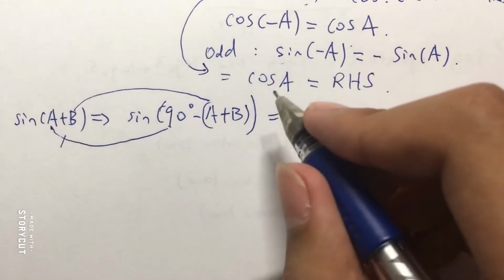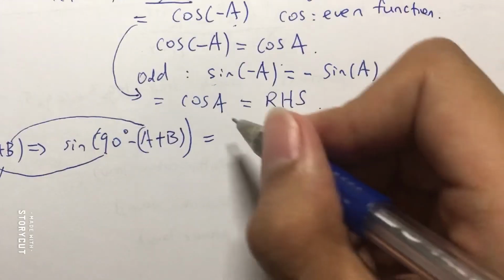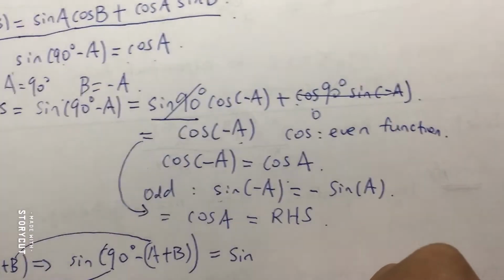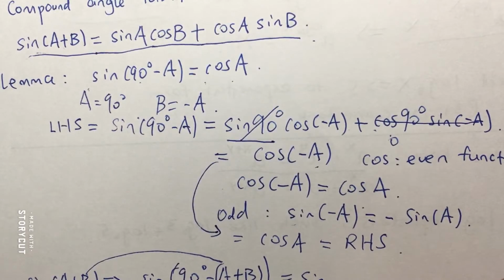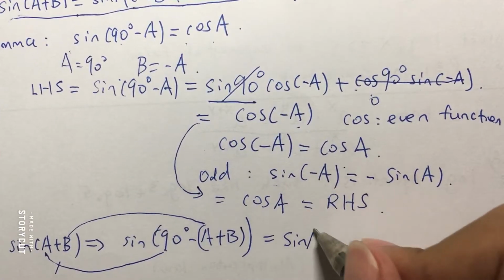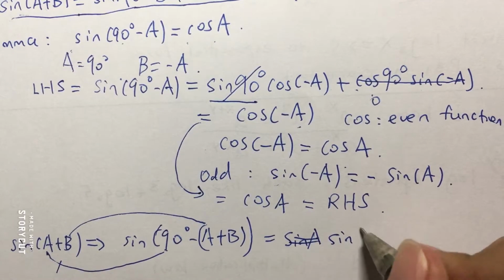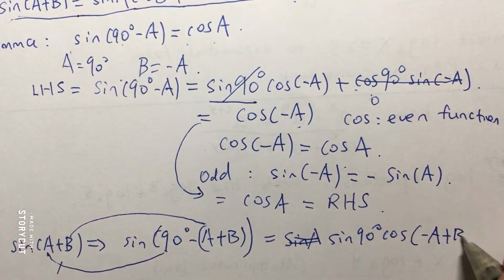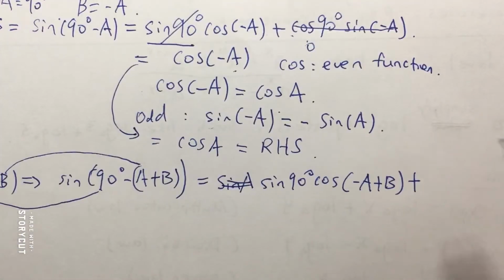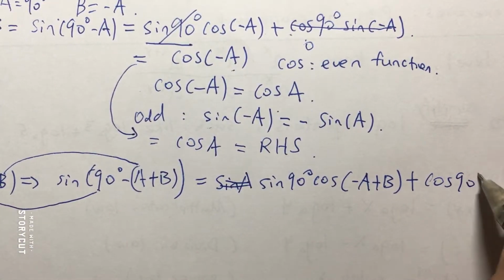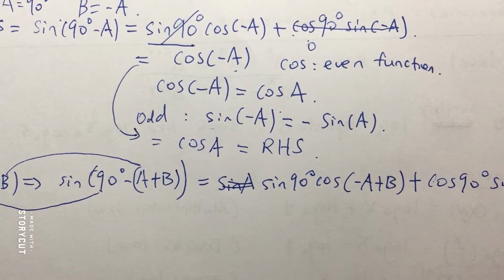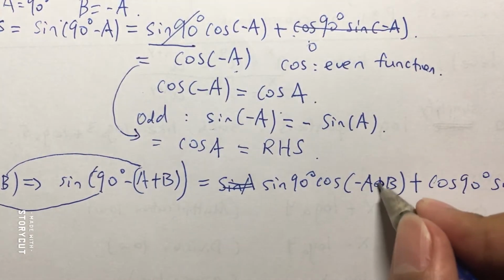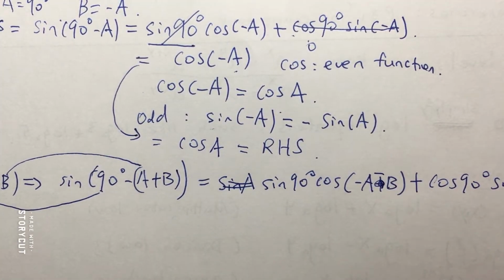We use the same formula again, which is sine 90 degrees cosine (negative (A plus B)) plus cosine 90 degrees sine (negative (A plus B)).